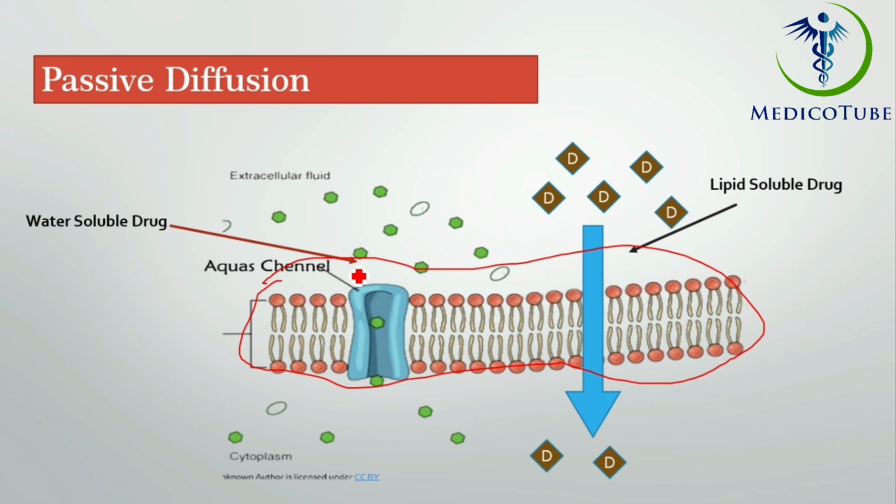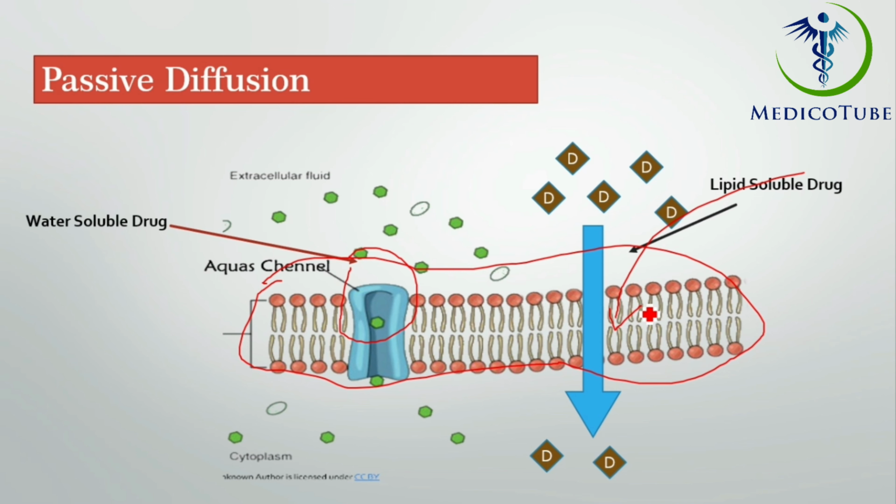So these are the water soluble drug channels. The water soluble drugs move directly through this channel and get into the cell, while lipid soluble drugs can easily move through the cell. There is no restriction for them. So this was simply about passive diffusion.